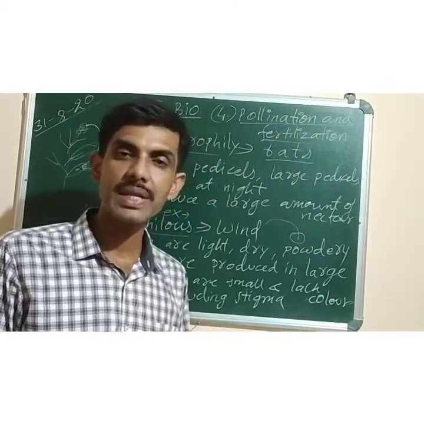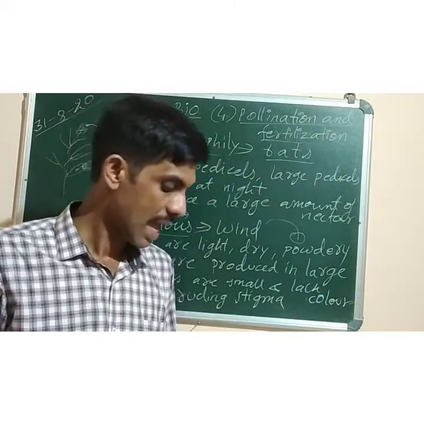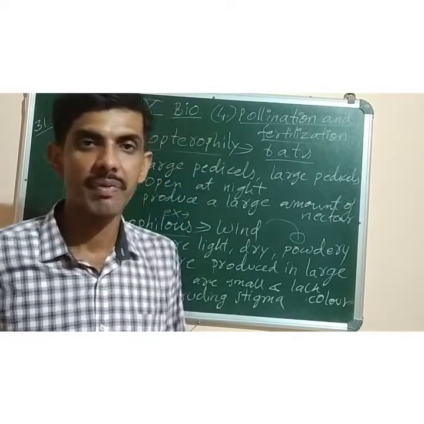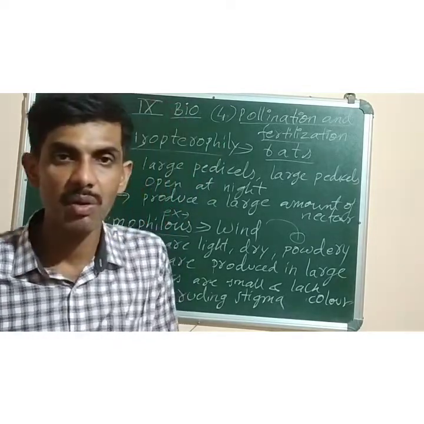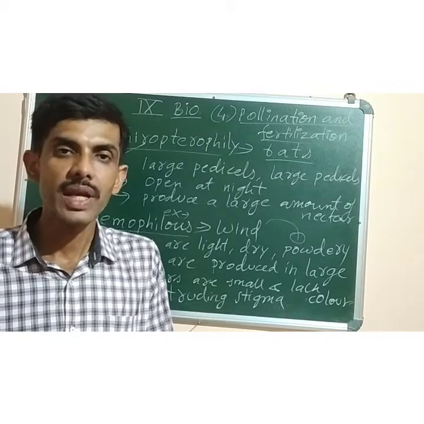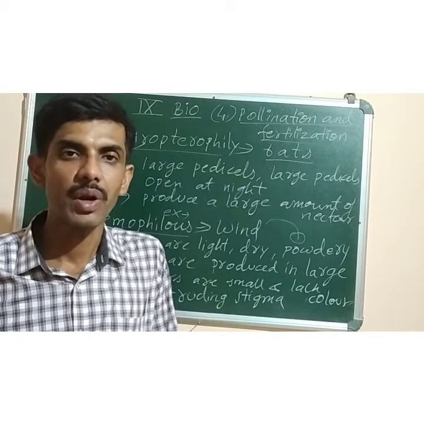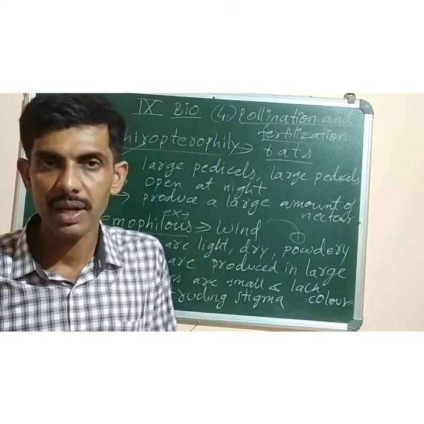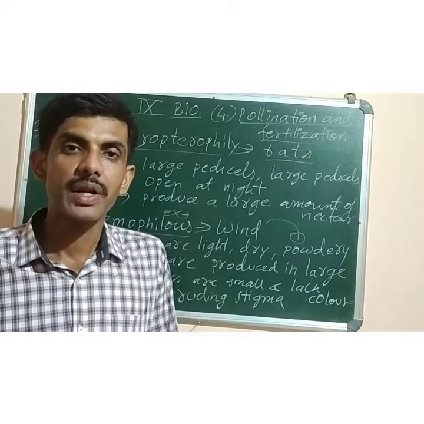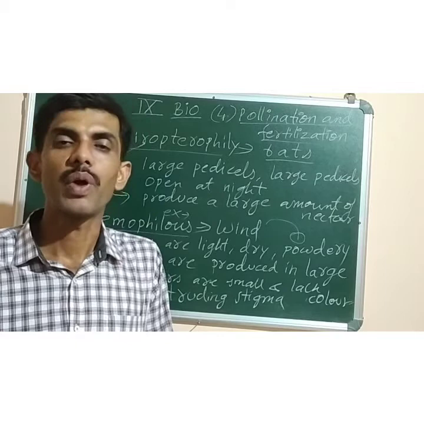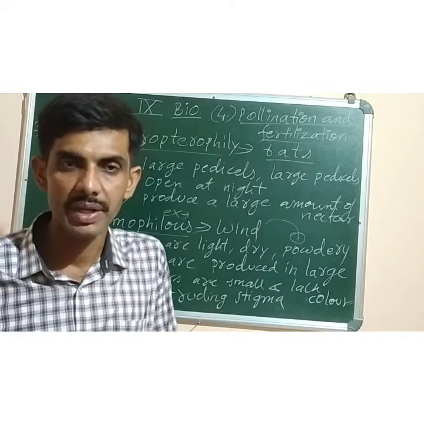Now next is differences between wind pollinated and insect pollinated flowers. What are the differences? Can you count? Number one, insect pollinated flowers are brightly colored, but wind pollinated flowers are not brightly colored. Insect pollinated flowers produce nectar. Wind pollinated flowers do not produce nectar.